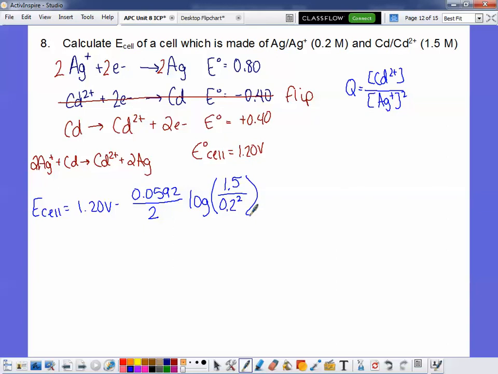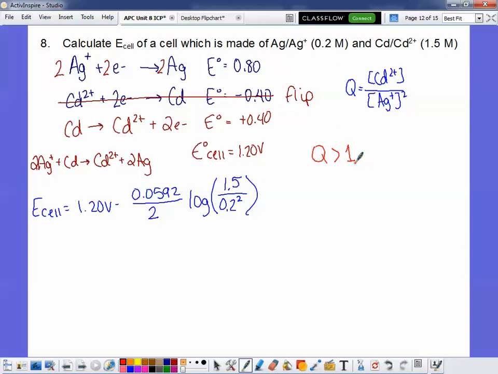Now, actually solving this is not typically going to be a question that you're going to see on the AP exam. But just explaining what's going to happen to the voltage definitely can be, okay? That's fair game. So is our Q less than, greater than, or equal to 1? It is greater than 1 in this case.